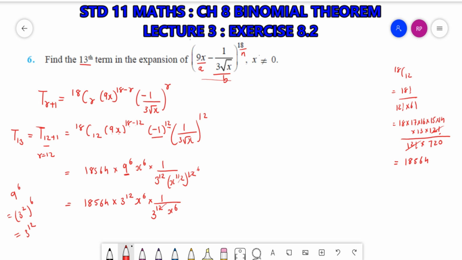So 3 raised to 12 and 3 raised to 12 get cancelled, x raised to 6 and x raised to 6 get cancelled. So the 13th term will be equal to 18564. So the 13th term will be a constant term. Okay, so this was about question number 6. So just note it down.